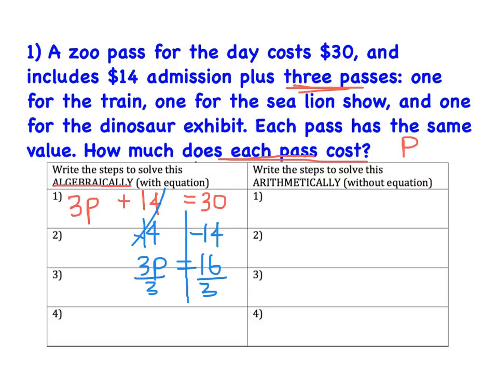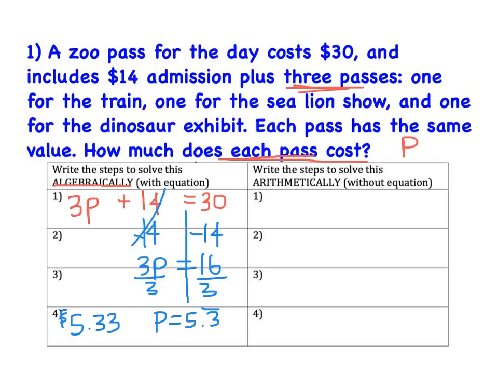So I get for my answer P equals 5.3 repeated. Now, the question's asking how much does each pass cost? With dollars, I want to write my answer to the nearest hundredth place. So I'm going to say that each pass costs about $5.33.